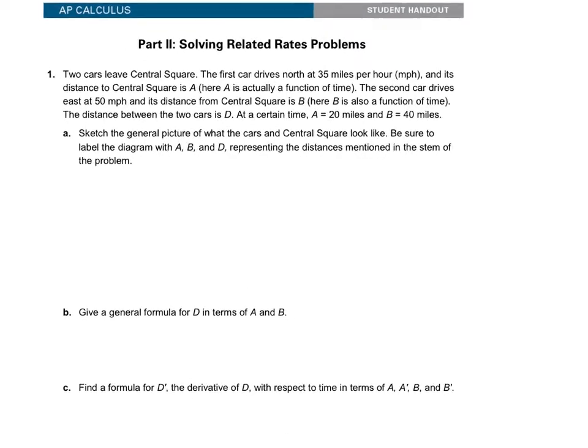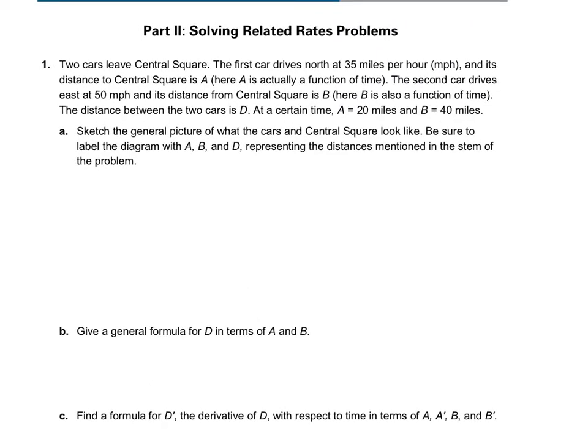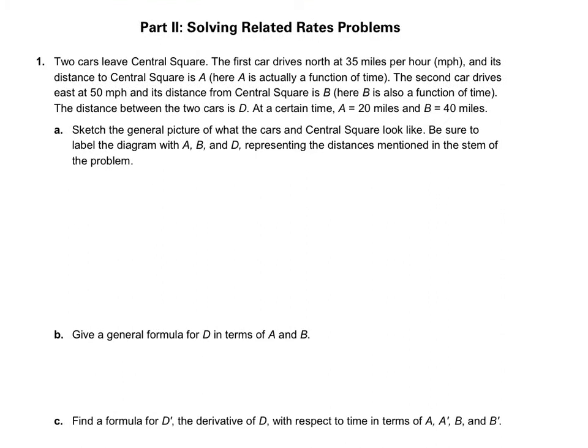Sketch the general picture of what the cars and Central Square look like. Be sure to label the diagram with A, B, and D representing the distances mentioned in the stem of the problem. So let's say this is Central Square.